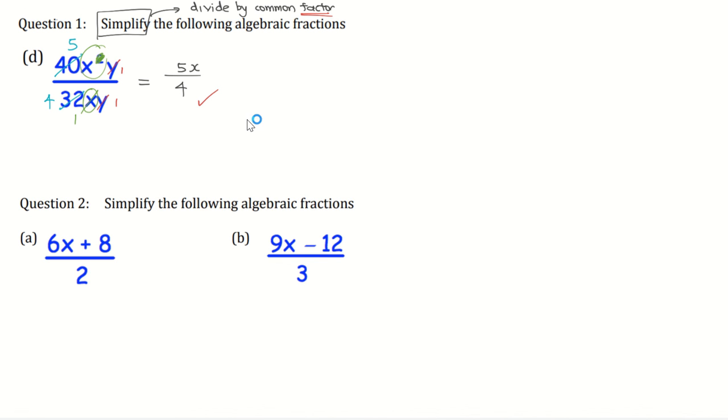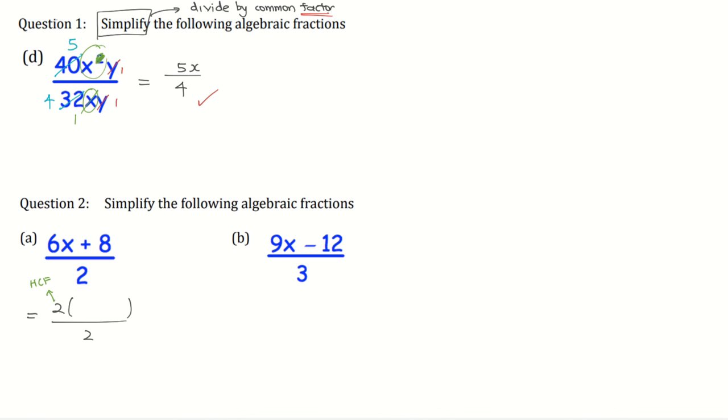We'll do the same way for question 2, except that for question 2, we cannot simplify until we factorize the top. So you can see 6x plus 8. I can factorize out 2 and I will find out what is in the bracket. The reason why I factorize out 2 is because 2 is the highest common factor of 6x and 8.